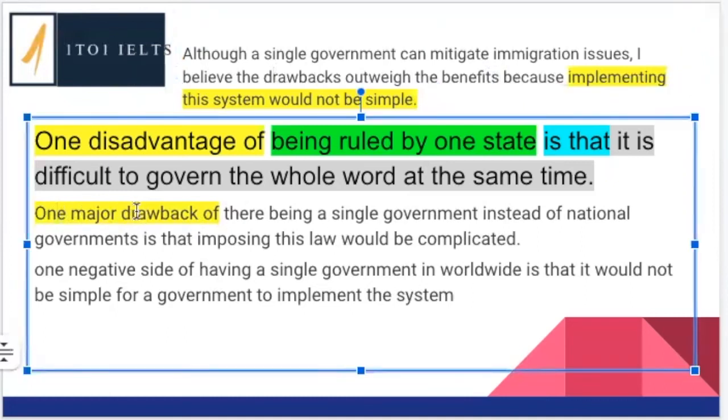It's again a really minor issue, but I would say this reads a lot better saying one major drawback rather than just the major drawback, because here you're indicating it's one of many rather than just saying there's only one drawback. So one major drawback of there being a single government instead of national governments. Okay, good. That part's very clear.